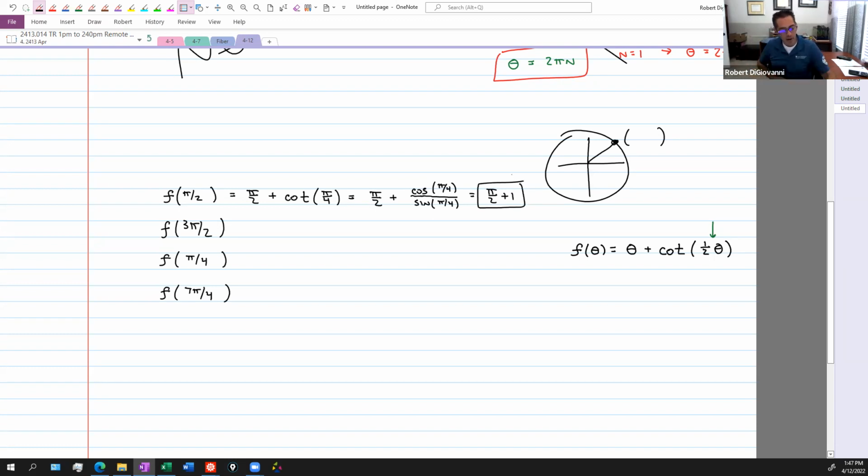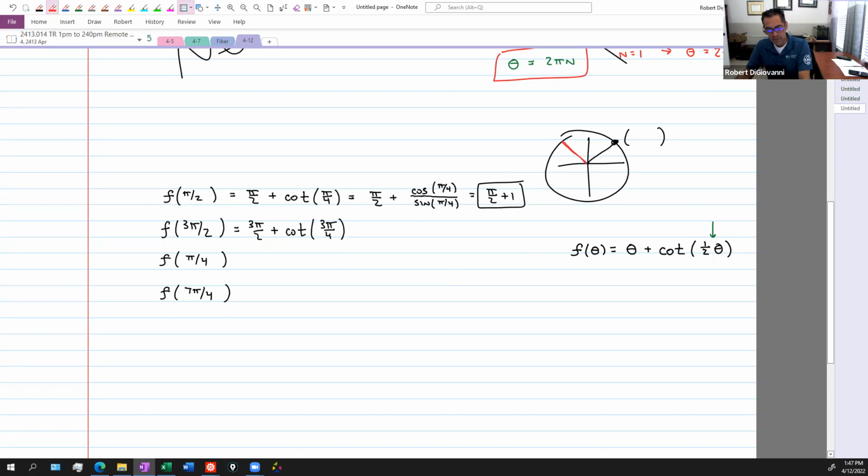Let's plug in 3 pi over 2. So we plug in 3 pi over 2, we get 3 pi over 2 plus cotangent of 3 pi over 4. Where did I get 3 pi over 4 from? Multiplying by half, right? Half of 3 pi over 2 is going to give you 3 pi over 4. Where is 3 pi over 4?